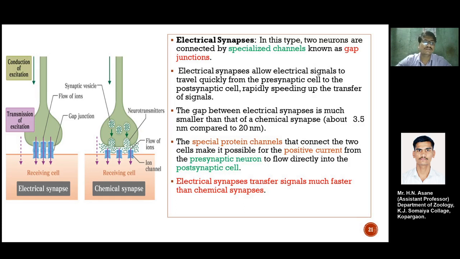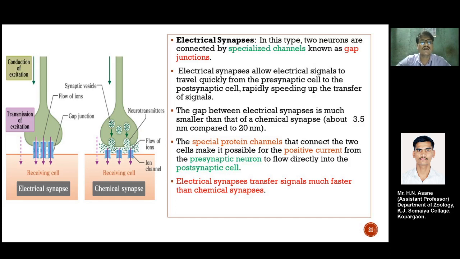In the electrical synapses, the transmission of excitation at the receiving end happens through gap junctions, which provide the place for electrical impulses to flow rapidly across the gap.